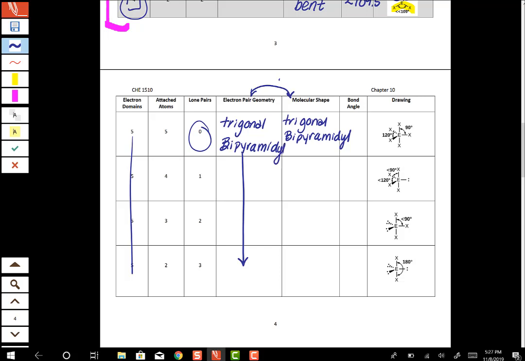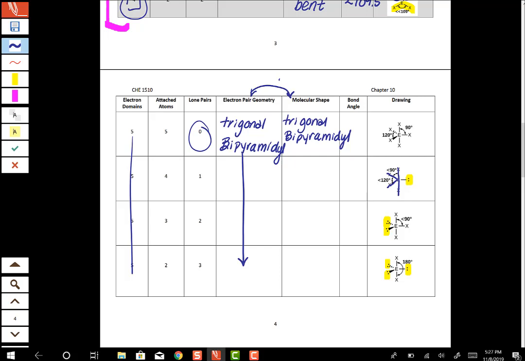Okay. So then when we start adding lone pairs is when the shape starts to change. When I look at this second example, when I have 1 lone pair, when we see it in class, it makes a seesaw, right?